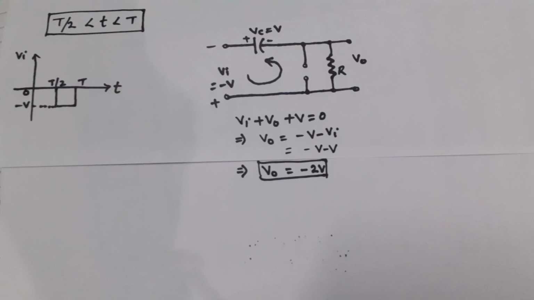So V0 is equal to minus V minus Vi, and Vi is nothing but V, because we have already taken the negative sign of the input. So V0 is equal to minus 2V. So for the negative cycle, our output comes out to be minus 2V.